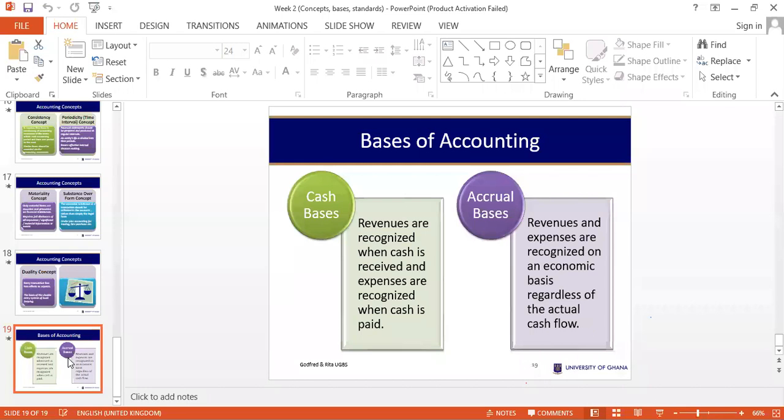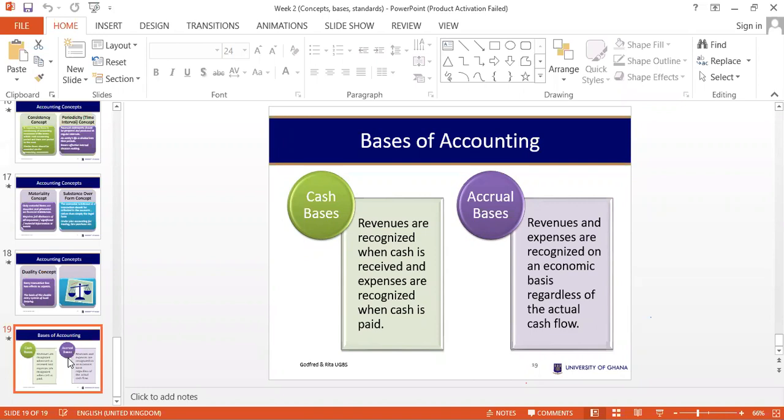The first one suggests that we only record when we have received actual cash or have paid actual cash. Okay, so businesses only record in their books when they have actually received cash. When they see cash in their hands, then they'll record it. And when they have paid out cash, then they'll record. That is known as the cash basis of accounting.